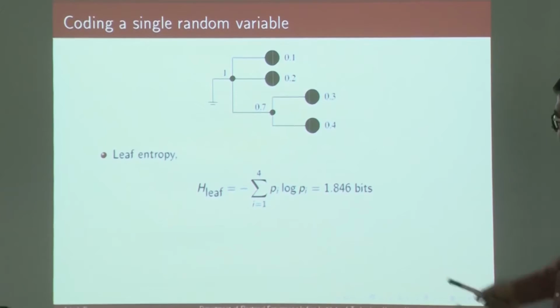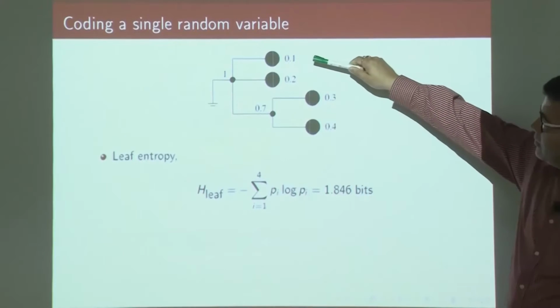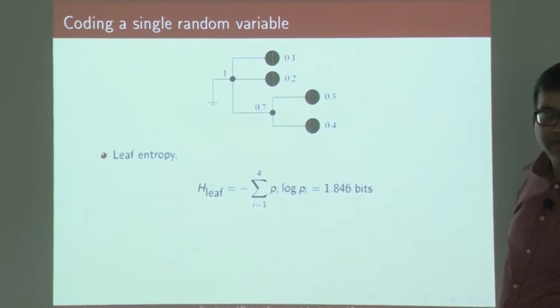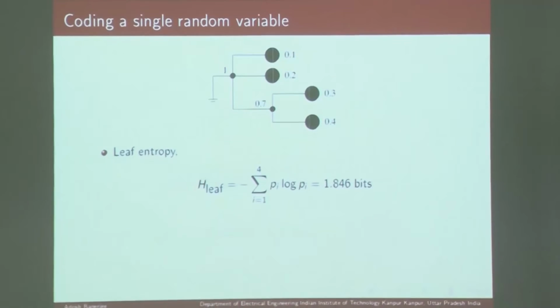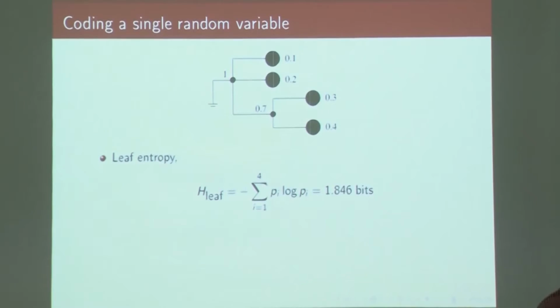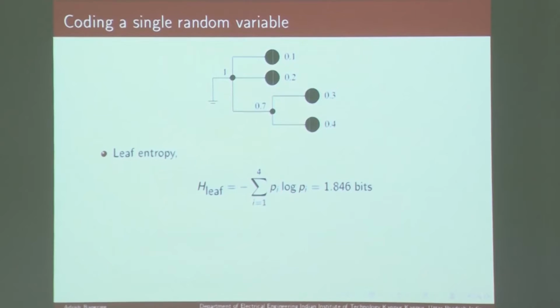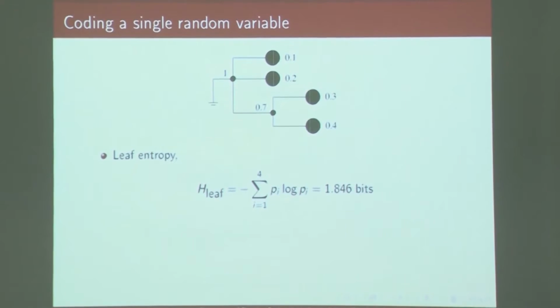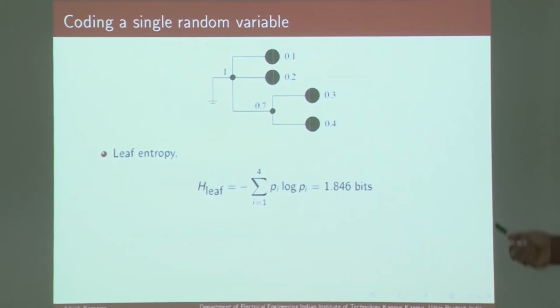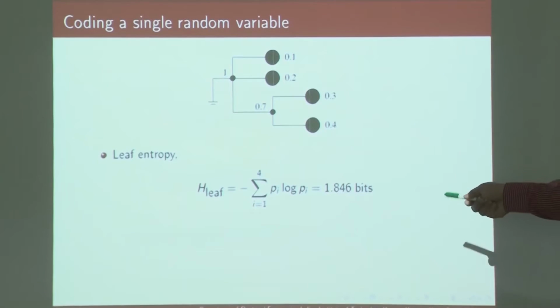If you look here, these are the probabilities of the leaves. So leaf entropy is given by minus 0.1 log 0.1 minus 0.2 log 0.2 minus 0.3 log 0.3 minus 0.4 log 0.4, with log to the base 2, and that comes out at this much.